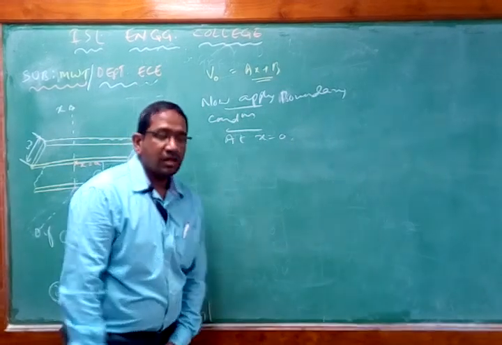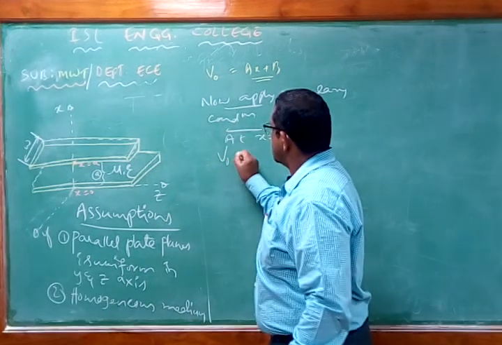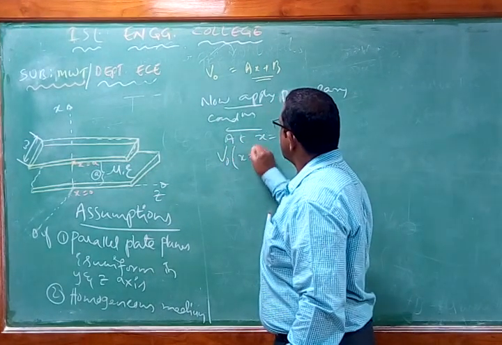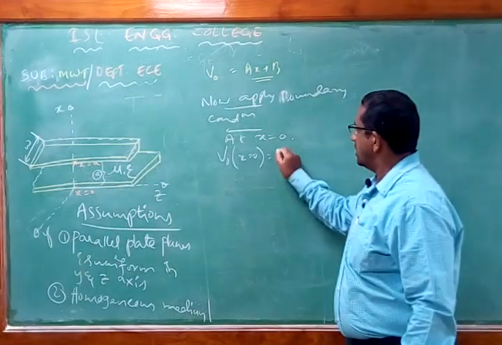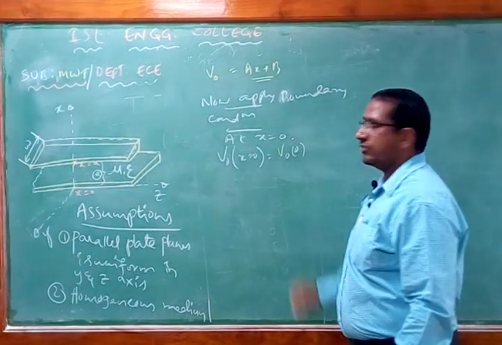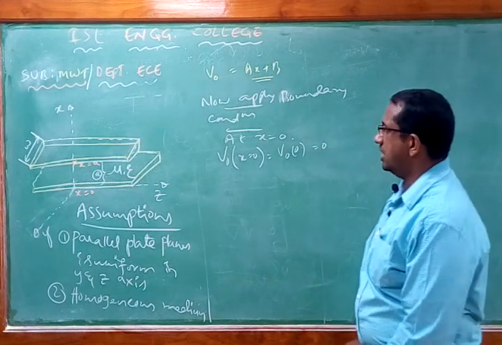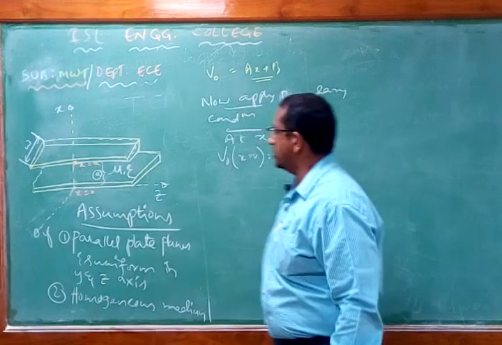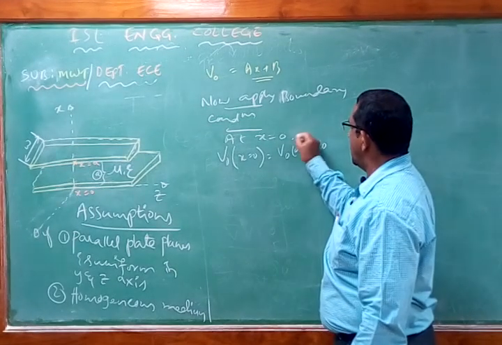Here at x is equal to 0, what can we have? V of x is equal to 0 is nothing but V of 0, so this value will be equal to 0. Initially at x is equal to 0, we have a ground plane.